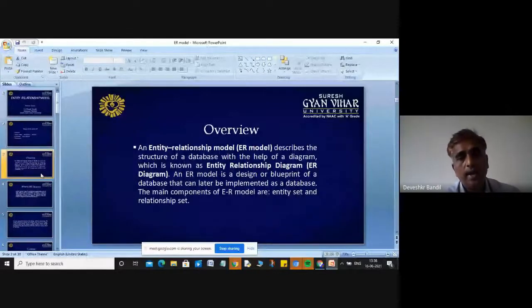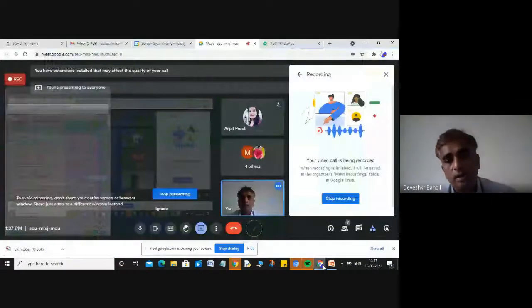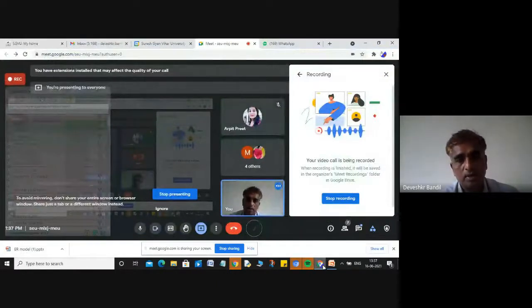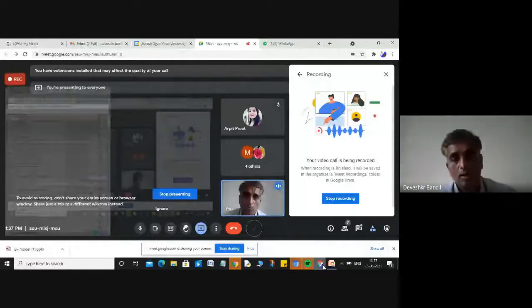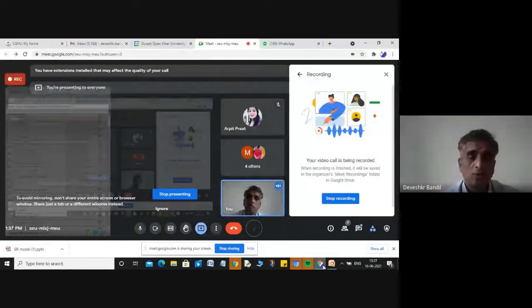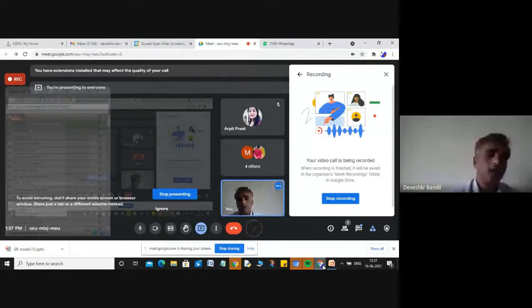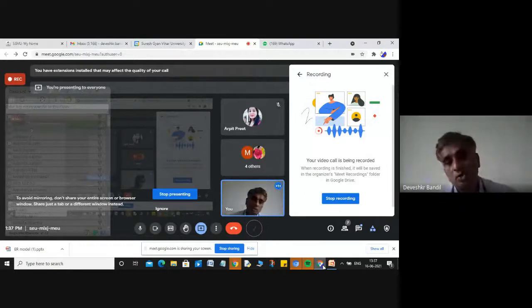The ER model describes the structure of your database with the help of a diagram. Through the ER model, you can describe the structure of your database. If you have designed the ER model of your enterprise, you can explain the whole database management system of your enterprise.